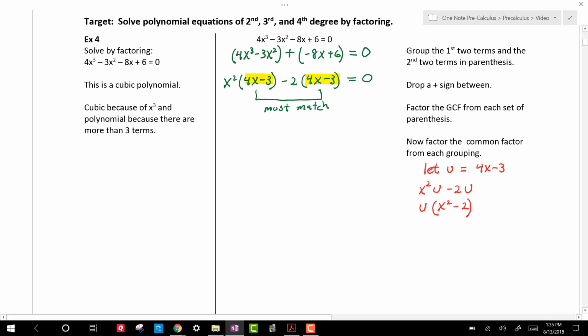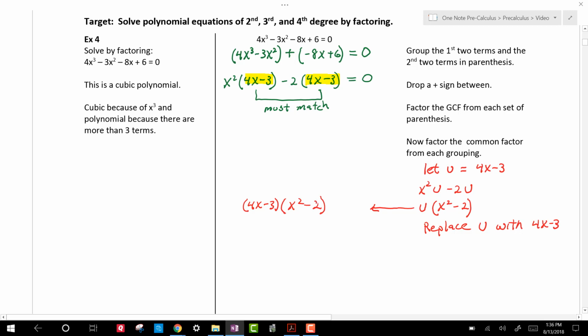Now, at this point, we want to replace U with 4x minus 3. So, watch and see. Replacing U with 4x minus 3 leaves me 4x minus 3 times x squared minus 2.